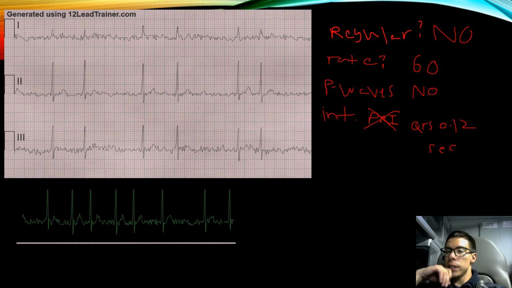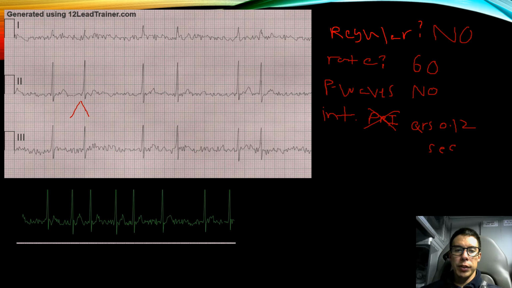So in this case, all we'd have to do after determining regularity and rate and that there's no discernible P waves is just check our intervals, which we can't check PRI because there isn't one. So all we would have to check is QRS, and then based on that, we can go ahead and name our rhythm. So in this case, due to the undiscernible P waves, this would be afib.